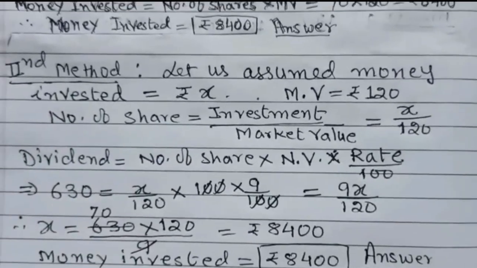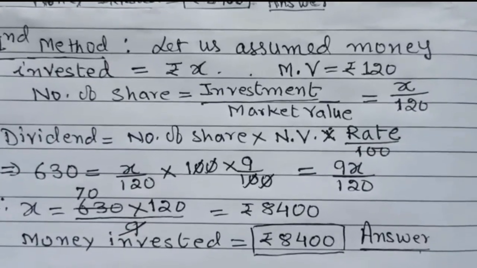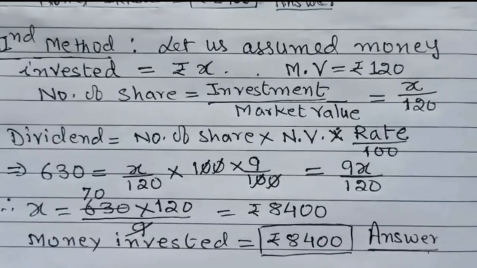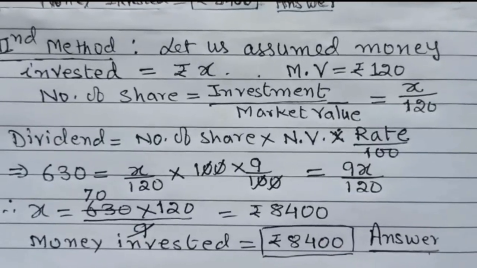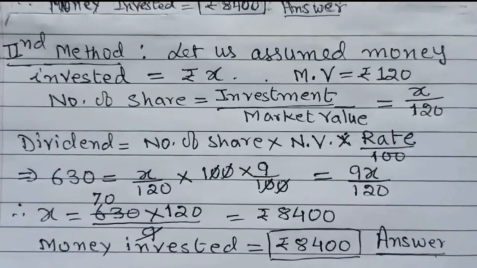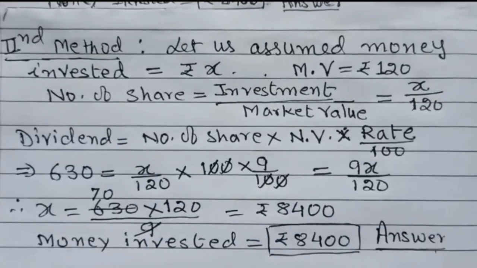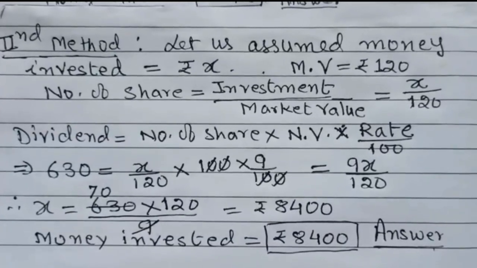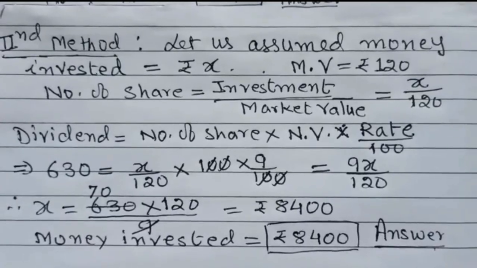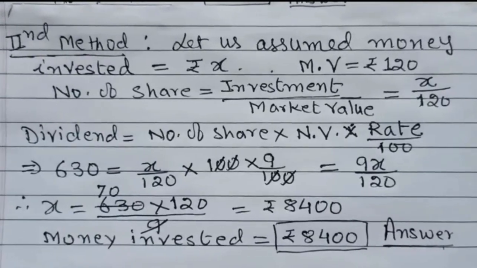This we can do by another method also. We can directly assume that money invested is rupees x and the market value we have found out in part 1 is rupees 120. So the number of shares will be investment divided by market value, which is equal to x upon 120.